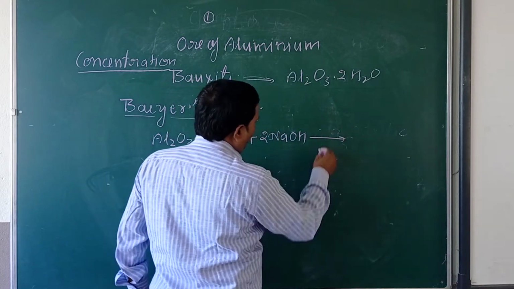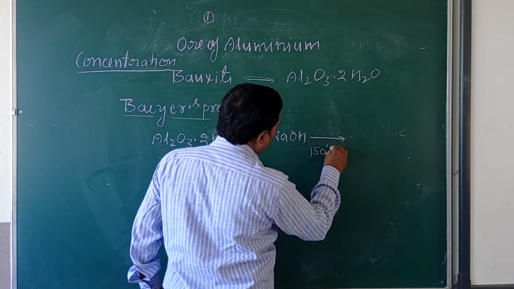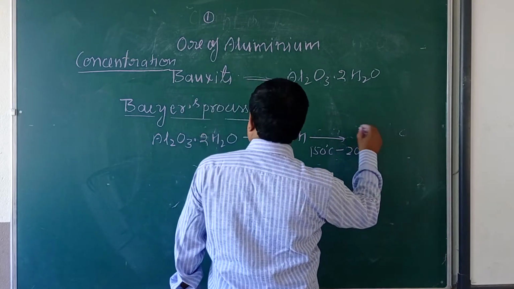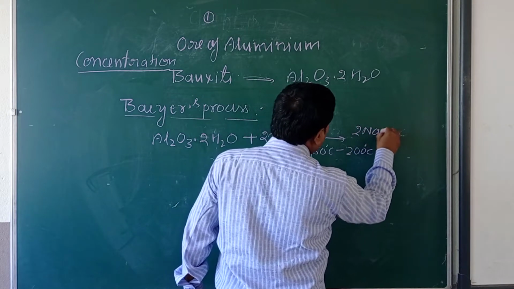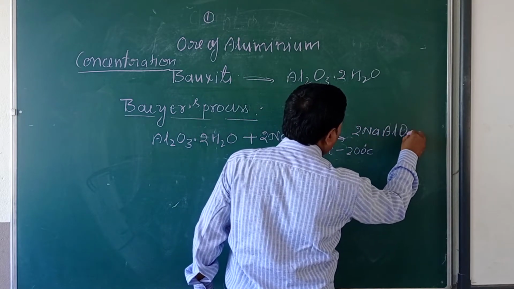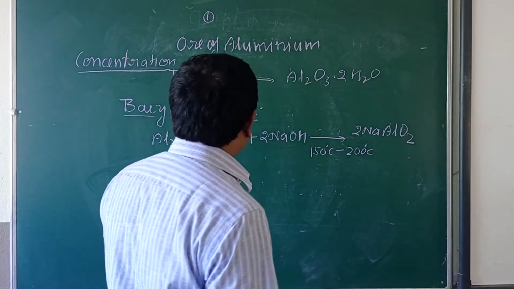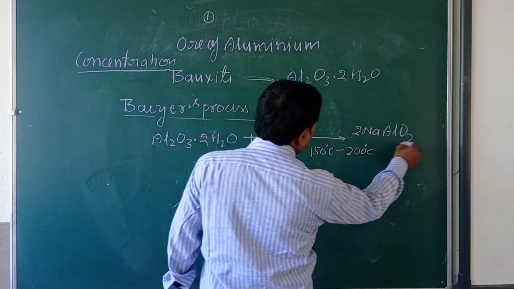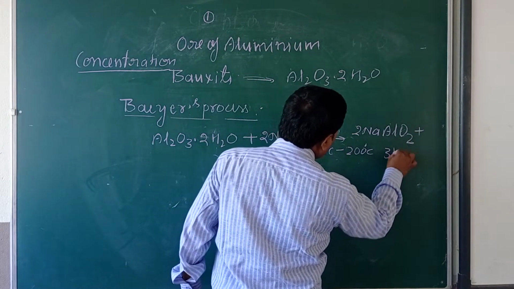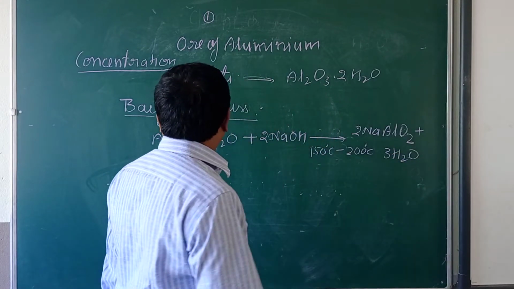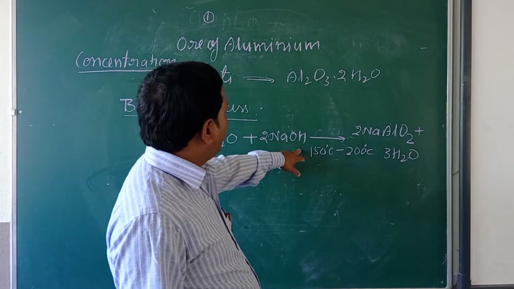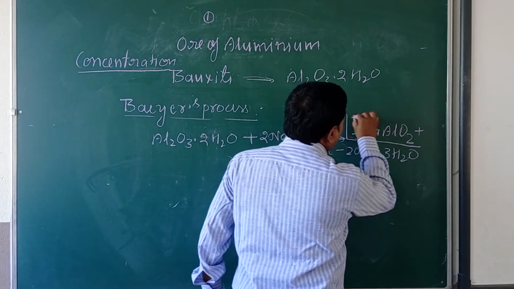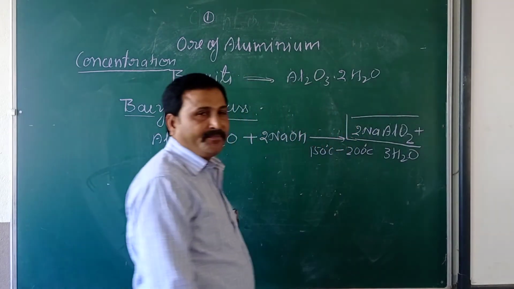The temperature will be 150 degrees Celsius to 200 degrees Celsius. It forms sodium aluminate and water. Al2O3·2H2O plus 2NaOH gives 2NaAlO2 plus 3H2O. It forms sodium aluminate, which is a complex, and water.